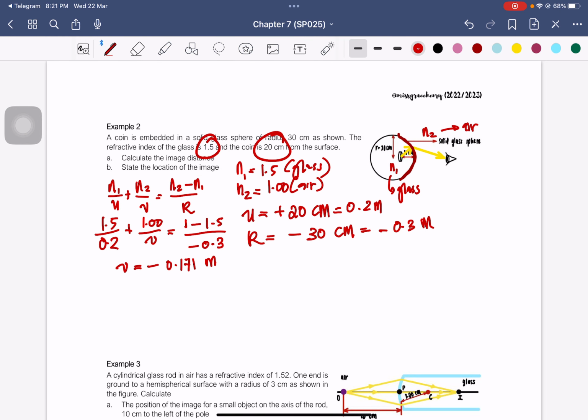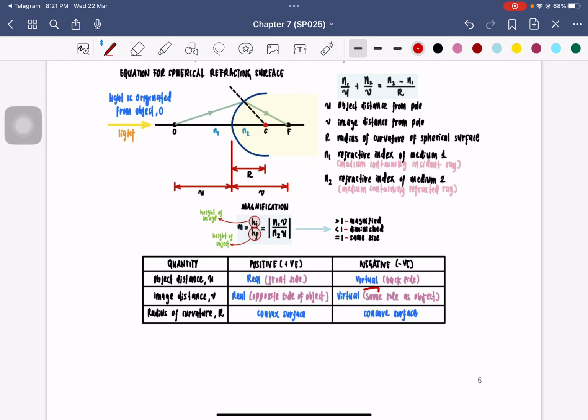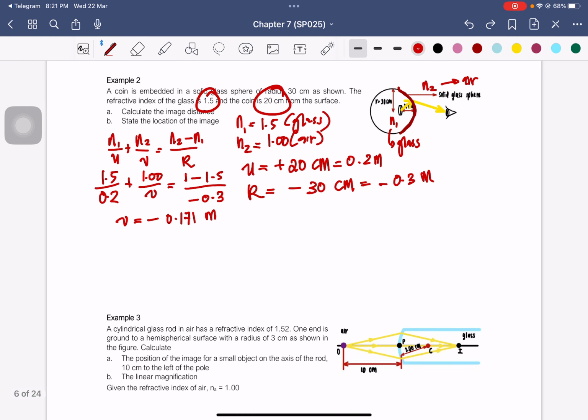Next, we have to state the location of the image. So the image is virtual, meaning it is formed at the same side as the object. So kalau negative tu maksudnya virtual maksudnya the image is formed at the same side as object. So location dia adalah same side as the object.